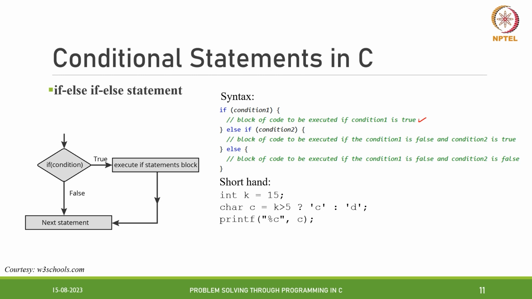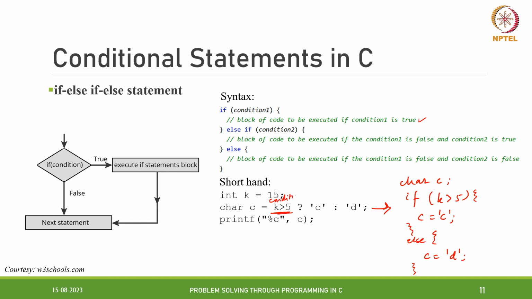Then I write if k is greater than 5, then I open the braces, c equals this character, close braces, else open braces, c equals this other character, then close braces. So this is what this particular statement represents. This is a ternary operation. So this is the conditional expression.